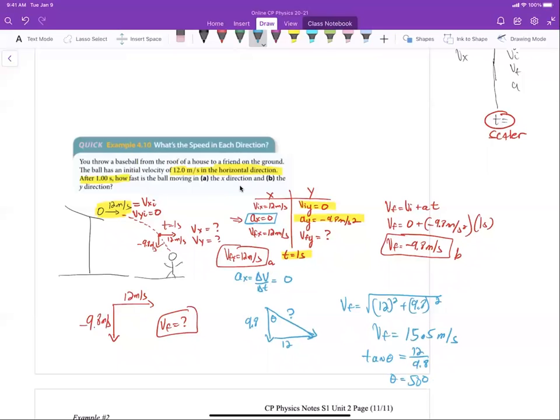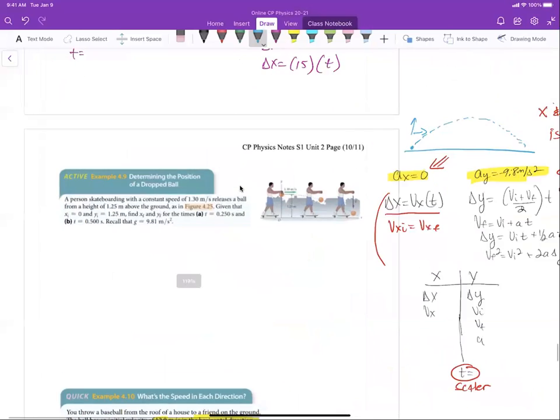Now that means this angle is 50 degrees, okay? So it's probably easier to describe if you use this angle, which is 40 degrees. So it is at 40 degrees below the horizon, or positive x-axis, okay? So that is its magnitude. This is its direction, okay?